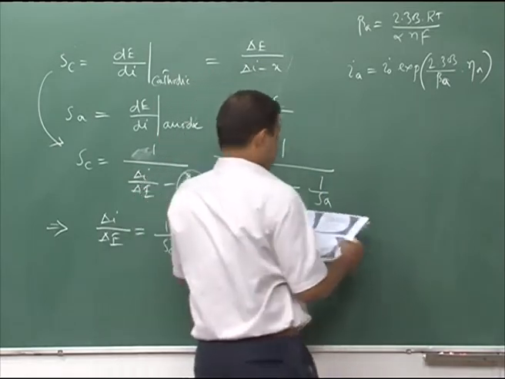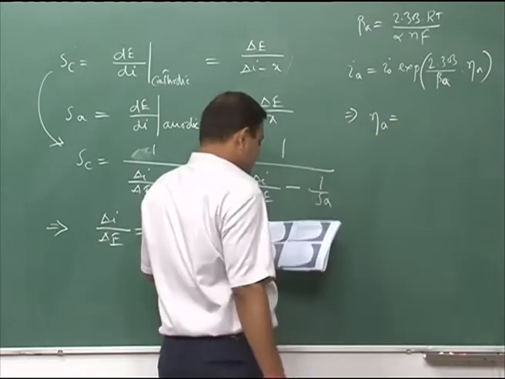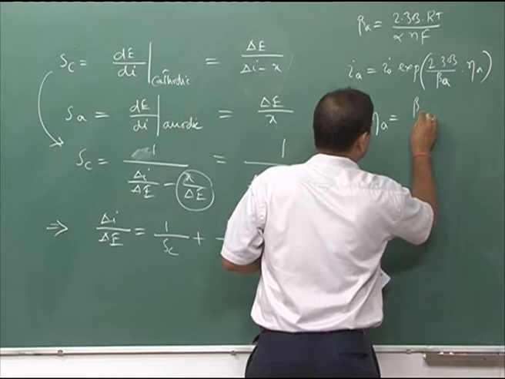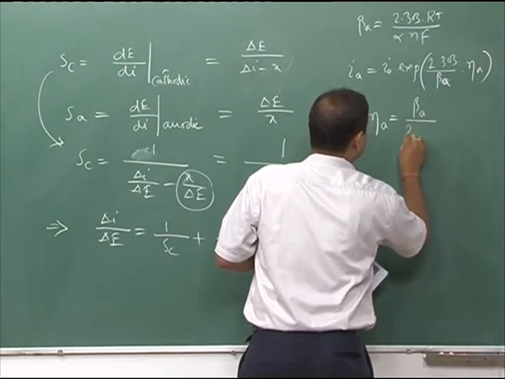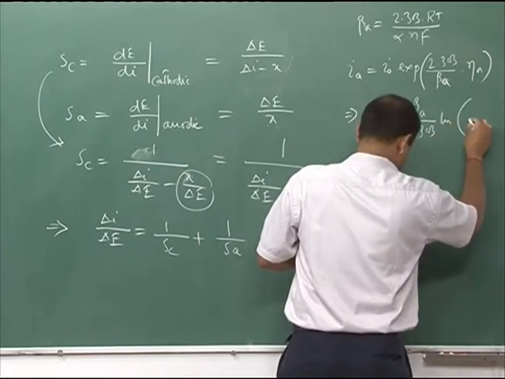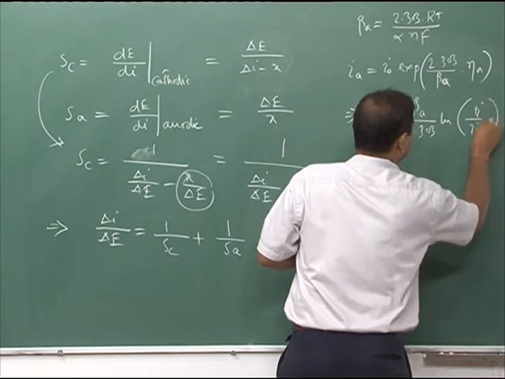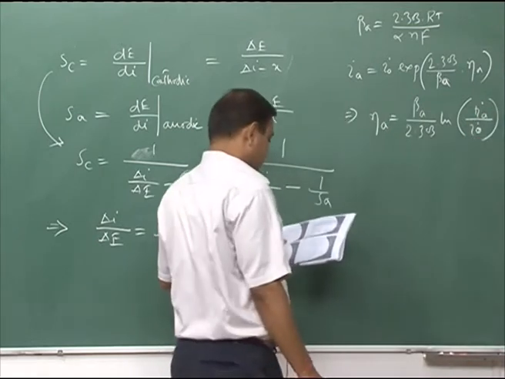Now, this we can convert into over voltage, which is eta A equal to beta A divided by 2.303 ln I A by I 0.